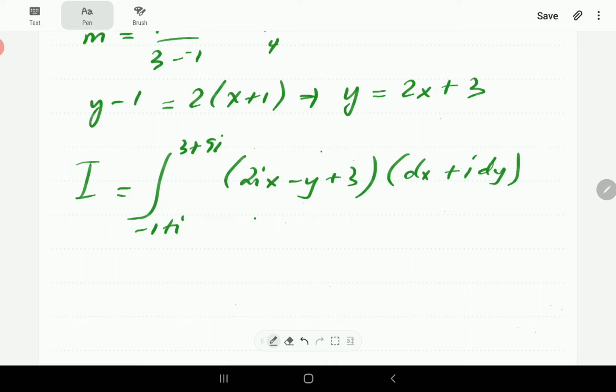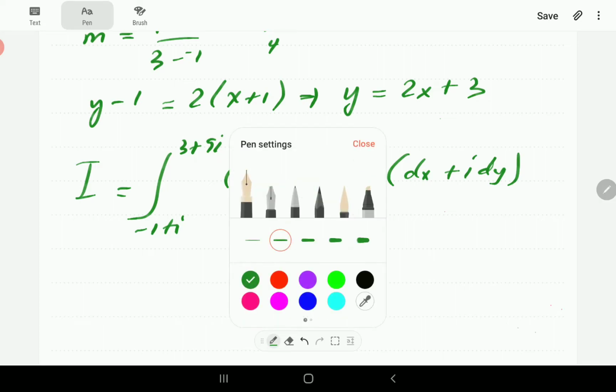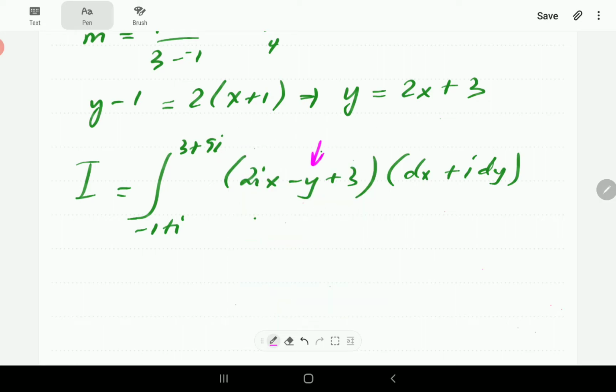So what we want to do is write everything in terms of x. That means we need to write this in terms of x, and we need to write that in terms of x. This one is already sorted from here. This one we need to work out.